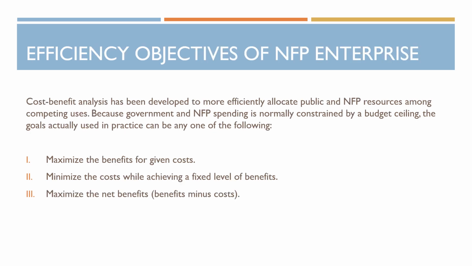In some cases, a nonprofit organization can also be put into some economic rules. For instance, we can consider cost benefit analysis in running the nonprofit organization by simply applying three simple rules.